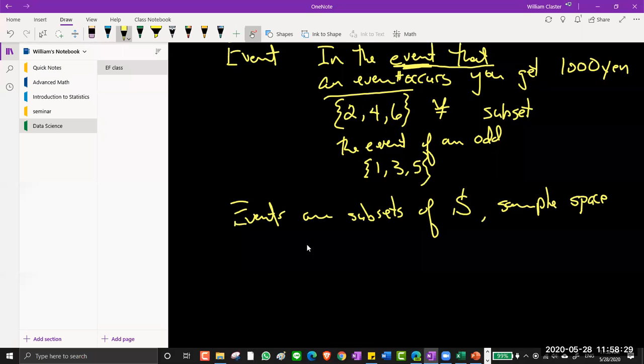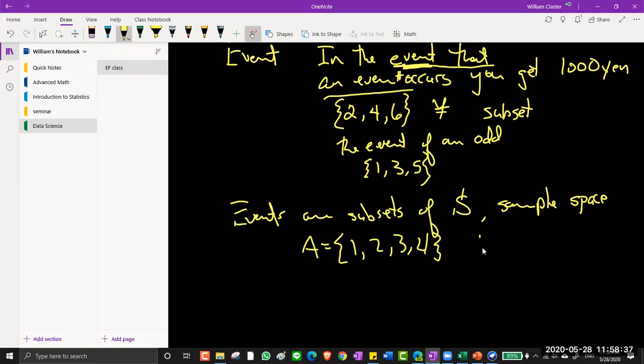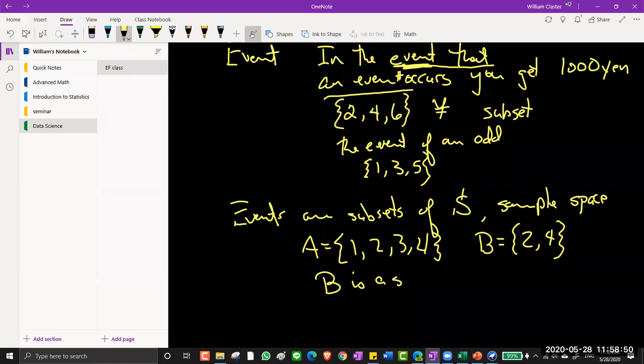And I think you might remember that if you have a set A equal to {1, 2, 3, 4}, and you have a set B, which is equal to {2, 4}, we say B is a subset of A, right?